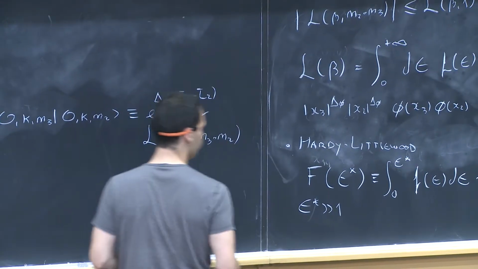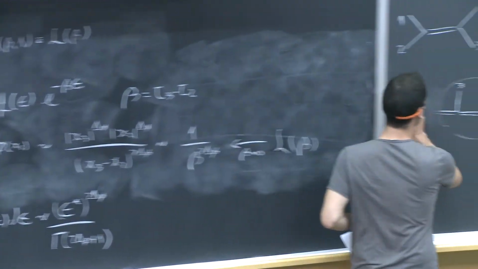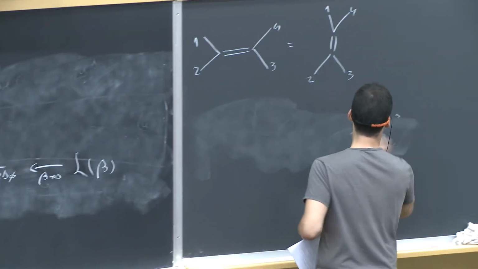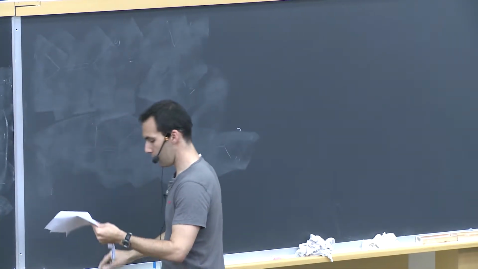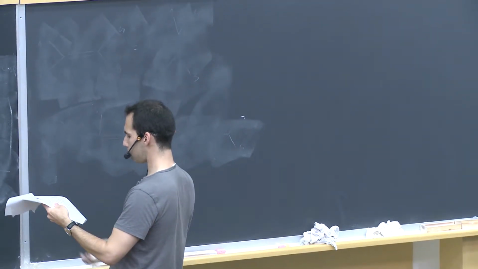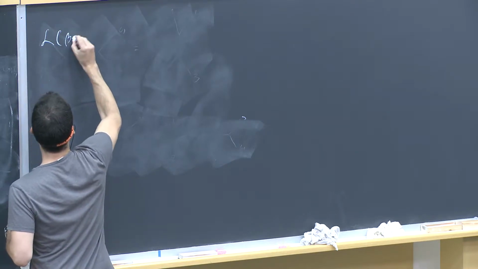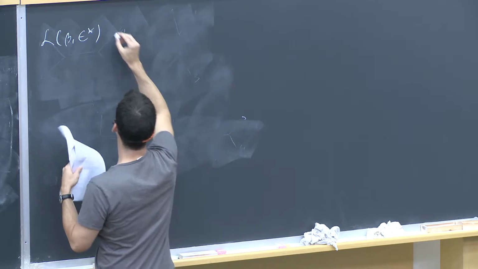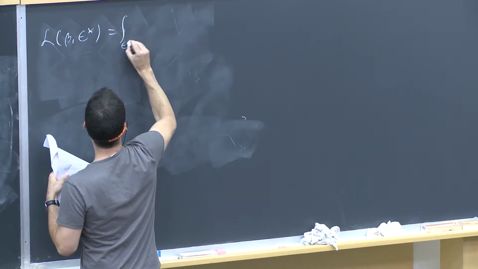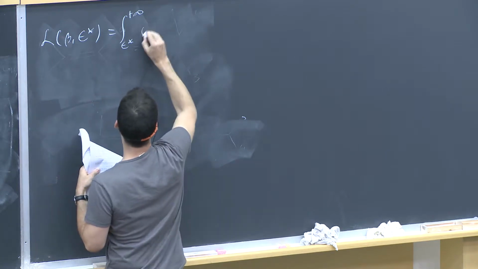Now we can use this property to place a bound on the tail of that function L beta. Let's define L beta E star as the contribution from states with large energies above some E star.